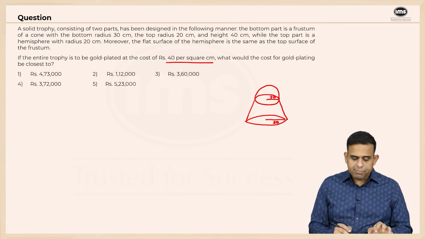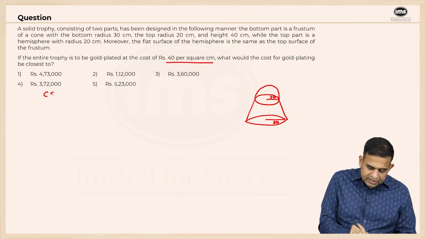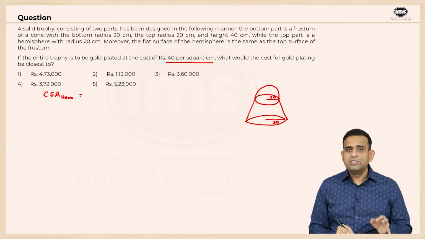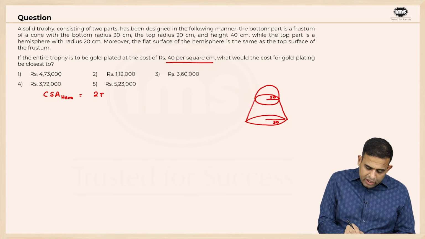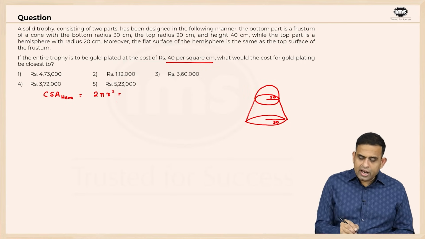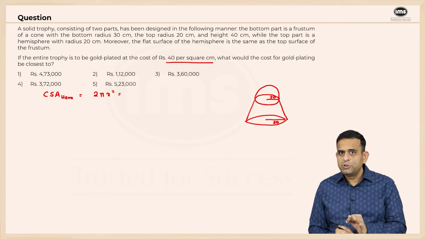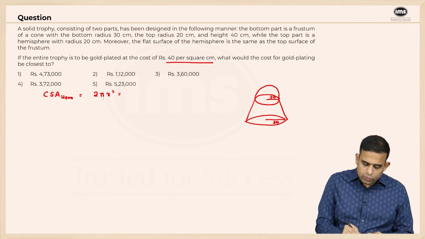For the hemisphere part, the curved surface area of the hemisphere has the formula 2 pi r square. Here r is equal to 20, so 2 pi 20 square gives you 800 pi.